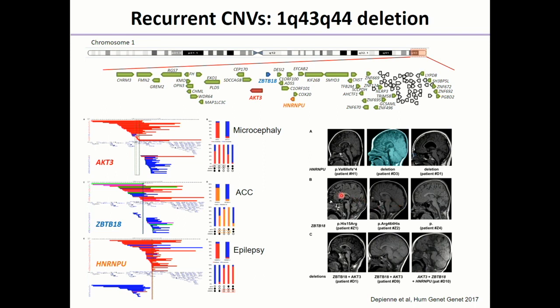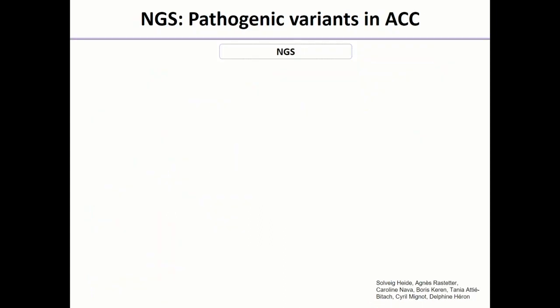So you can see that the corpus callosum is not fully formed. So part of it is missing. It can be the posterior part or the anterior part. And you can see the additive effects of deletion of the 3 genes in this patient who has almost a complete agenesis of the corpus callosum.